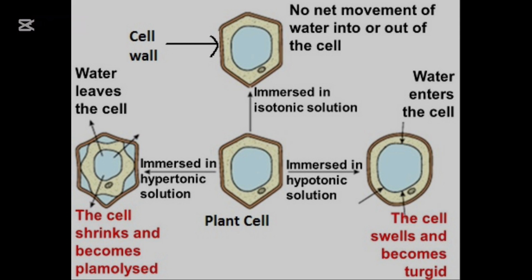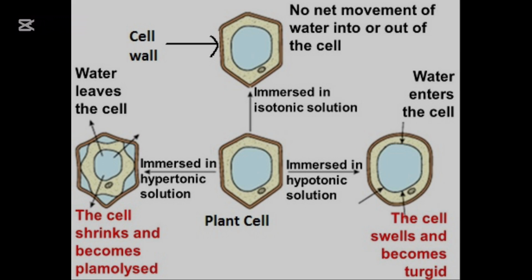If you notice, the cytoplasm of the cell is being pulled away from the cell wall, forming a structure that looks like a star shape in that place, meaning that the cell has become plasmolyzed when placed in a hypertonic solution. On the right-hand side, when placed in a hypotonic solution, it becomes turgid, which simply means it becomes tightened. And it won't burst because of the presence of the cell wall.